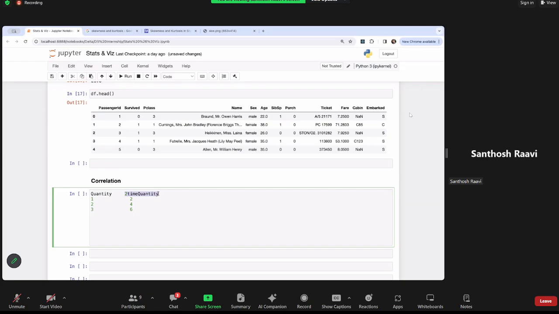Overall it is the same. So this 2 times quantity variable has a relationship with this variable, that is, these two columns are correlated.